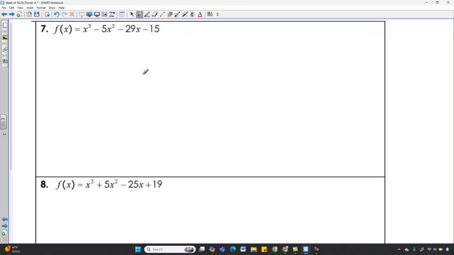I may have to skip around a little bit. So with this one, with 7, we have, I think, plus or minus 5, 3, 15, and 1 for the rational roots. So plus or minus 5, plus or minus 15, plus or minus 3, and plus or minus 1.